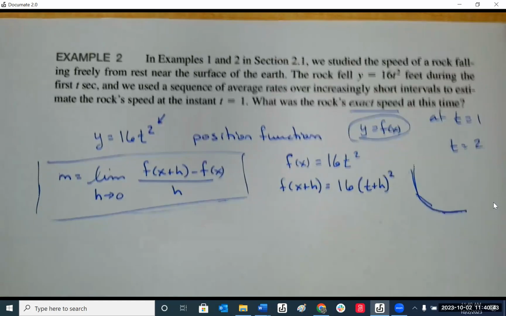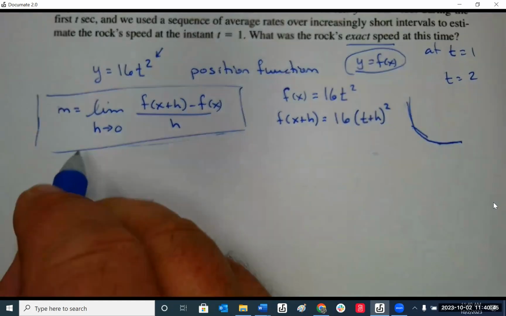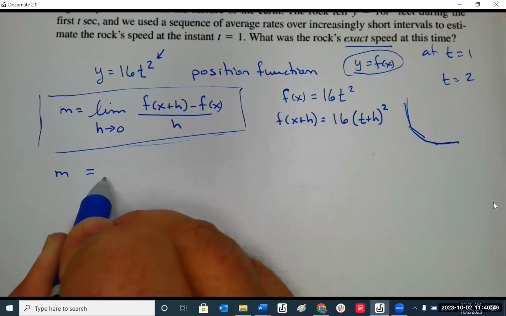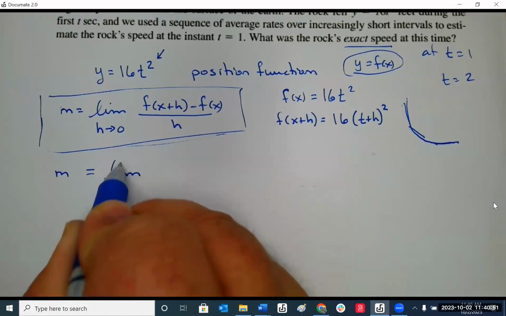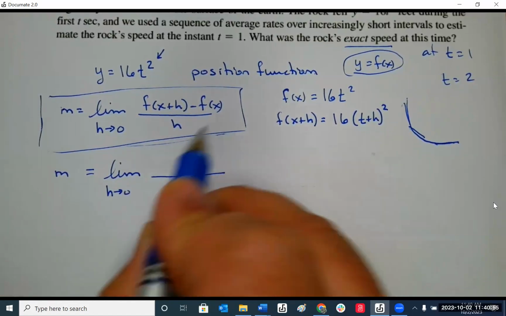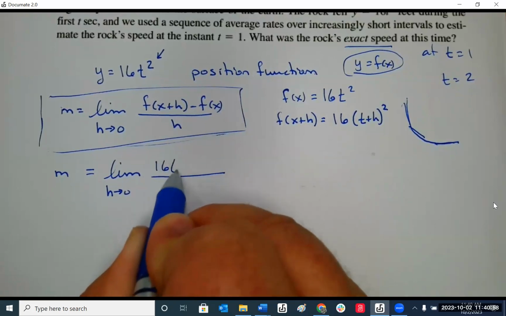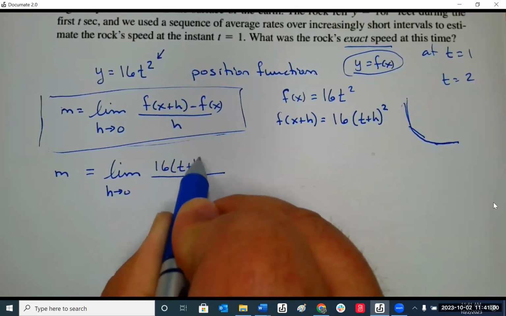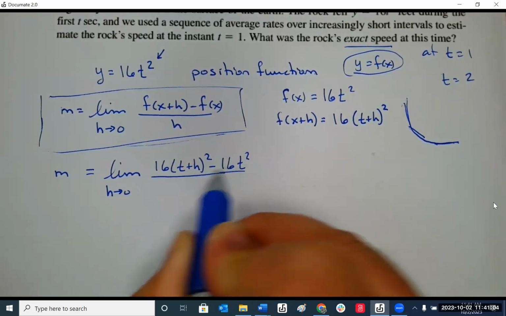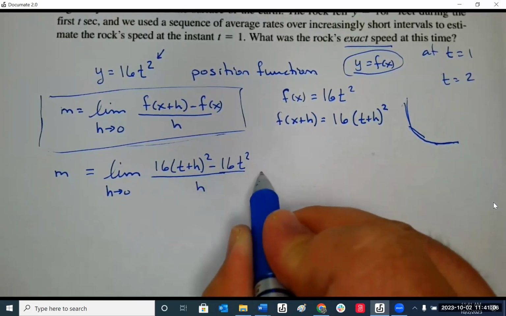Now we plug everything in. So our slope is going to be the limit as h goes to 0 of 16 times (t plus h) squared minus 16t squared over h.